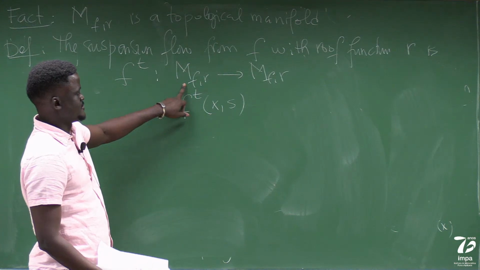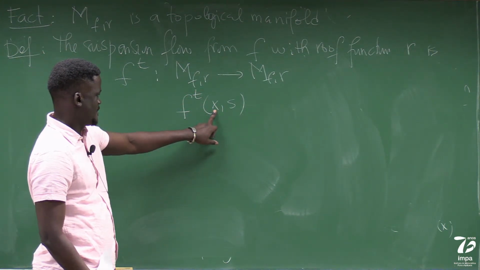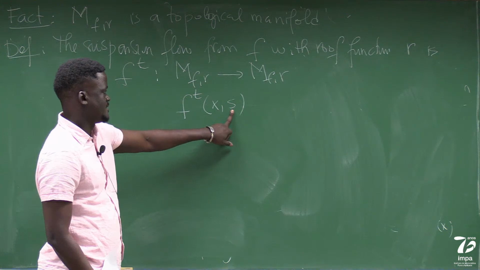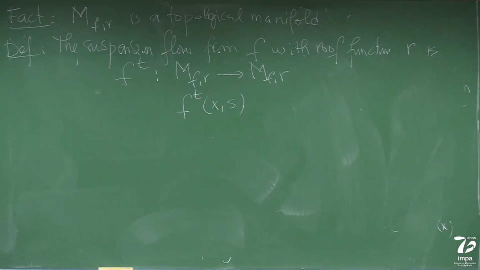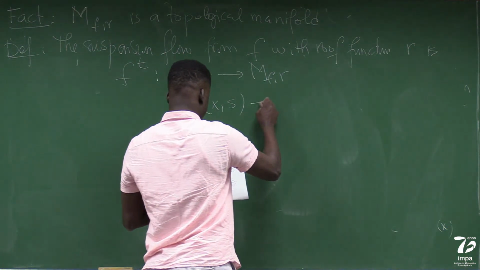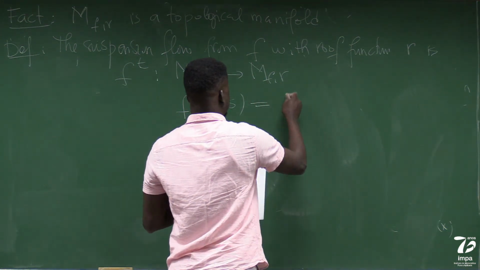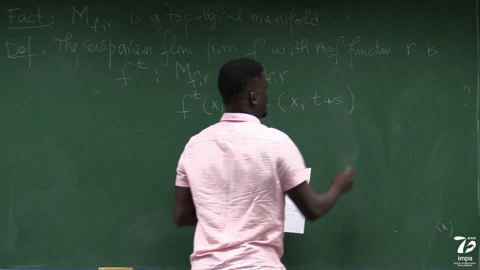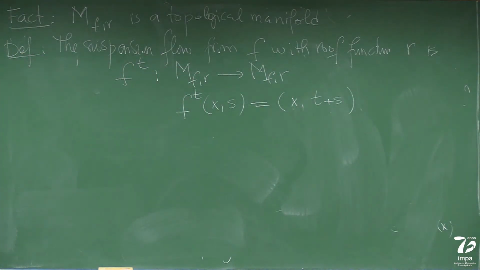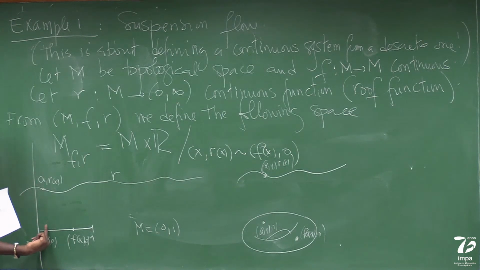This space has two coordinates: the coordinate on the base space and the value s, which is a real number. So this is (x, t + s). This is just a vertical flow that goes vertically. When it hits this point, it is identified with the point below, so you keep going.